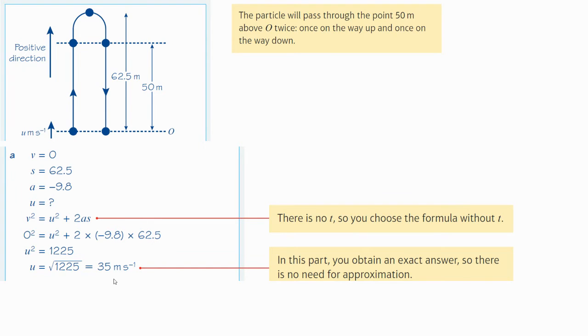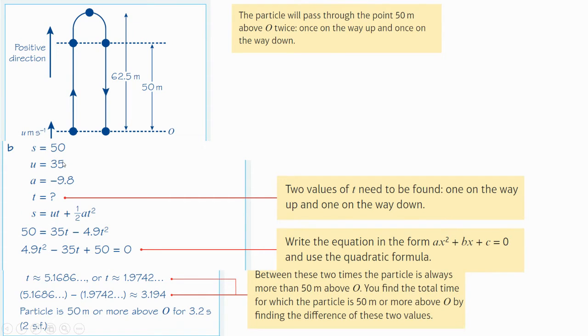And then the next part is we've got to figure out the time taken, the time above 50. So let's have a look at this. We've got S is 50. Okay, so we've picked S to be 50 because that is the critical distance we're looking at.